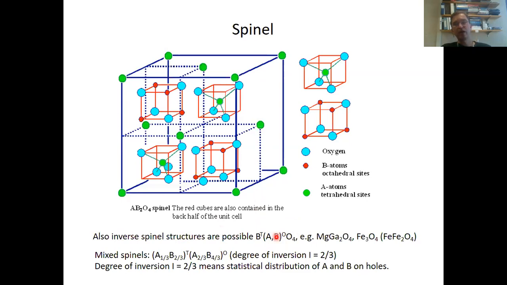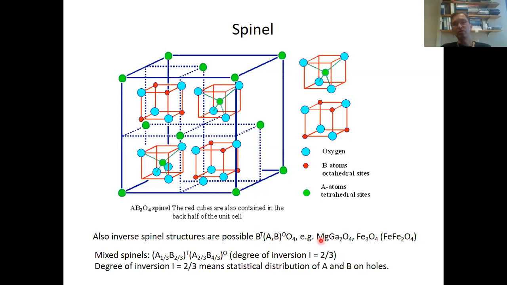Therefore they actually displace the A atoms from the tetrahedral holes, and the A atoms have to occupy the octahedral holes. Okay, but now because we have relatively few A atoms available, and too many of the B atoms to fill 1/8 of the tetrahedral holes, the remaining B atoms occupy the octahedral holes.